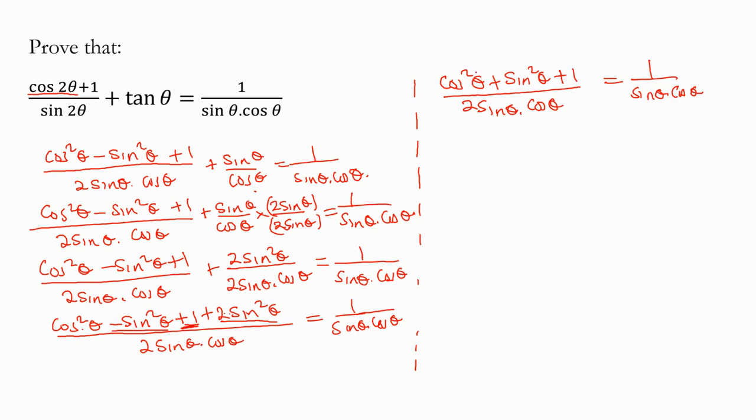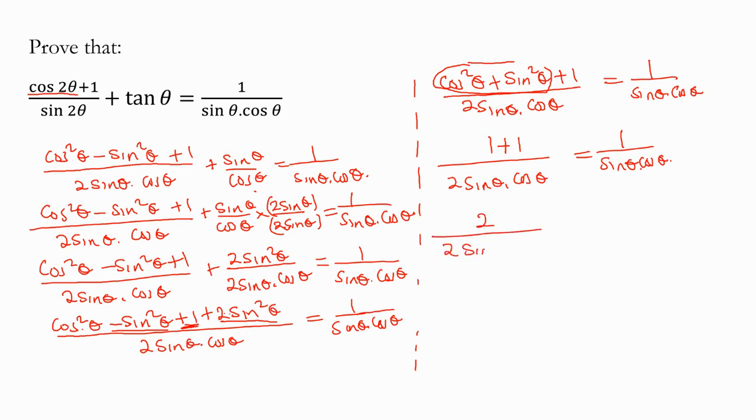Right, and then remember we talked about this is an identity. Cos squared theta plus sine squared theta is 1. So it's going to be 1 plus 1 over 2 sine theta times cos theta is equal to 1 over sine theta cos theta. Then this is 2 over 2 sine theta cos theta, and 2 divided by 2 is 1.